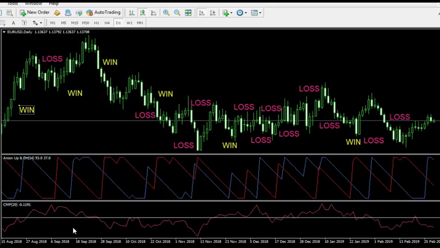If the purple line is over the white, then that means this is telling me that long is the way to go. If it's below, then it's telling me that short is the way to go. If they agree, it's a trade. If they disagree, it's not a trade, and it never was a trade. And so if it was a win or a loss, I need to take it off the board.